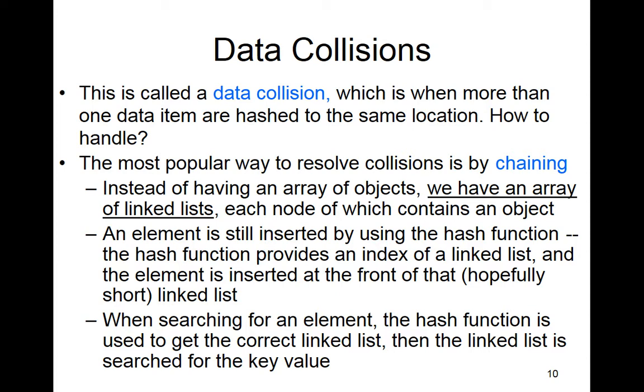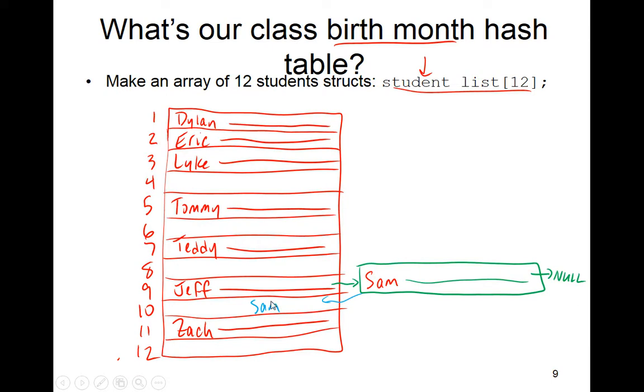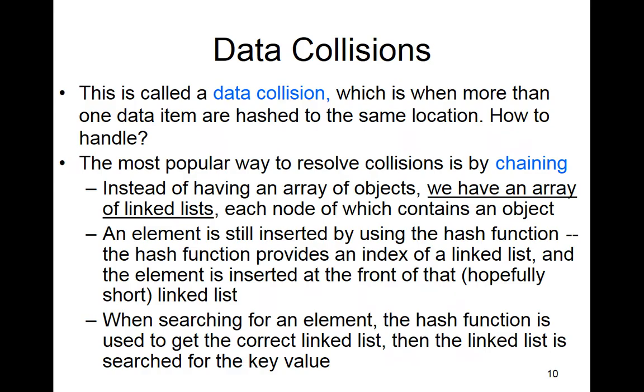One popular way is a process known as chaining, and I think you read about this. The other, when we look for the next available spot, I believe is called linear probing, or just probing. I think you read about that as well. There's not much to that, so we're not going to say a whole lot about it in class. But chaining is a little more sophisticated, so we will talk about this.